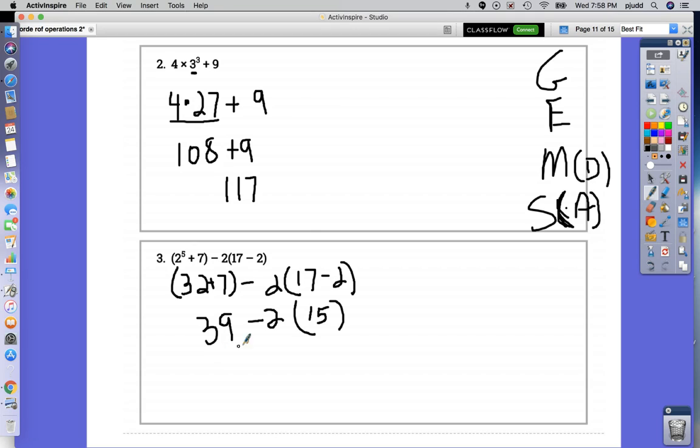So I have 39 subtract 2 times 15. Well, multiplication and division are higher order operations than subtraction or addition. So I need to do my multiplication next. 2 times 15 is 30. 39 subtract 30. And your answer is 9.